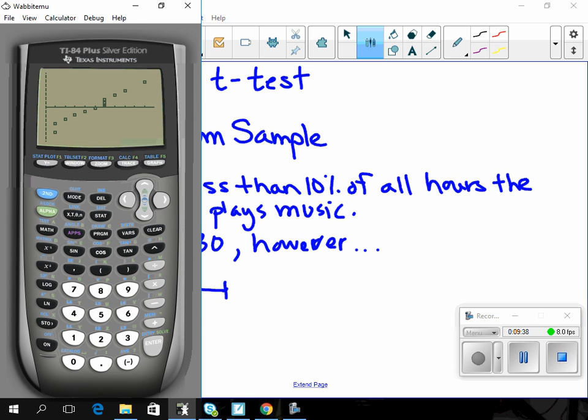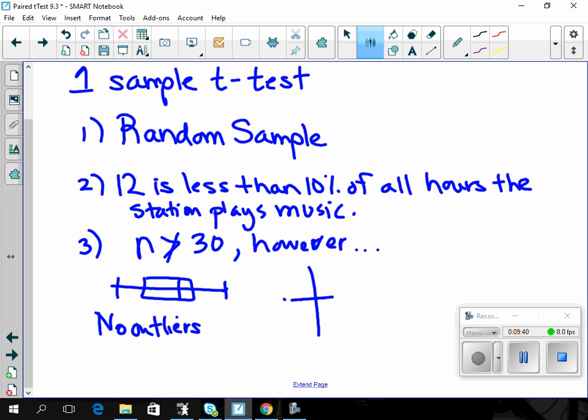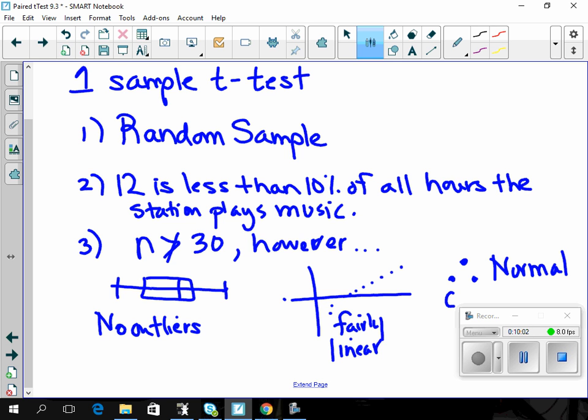So I'll just go ahead and sketch it as well. Something like that. So I'll say, based on those 2 graphs and my comments on them about no outliers and the normal probability plot, I'll say the normal condition is met.